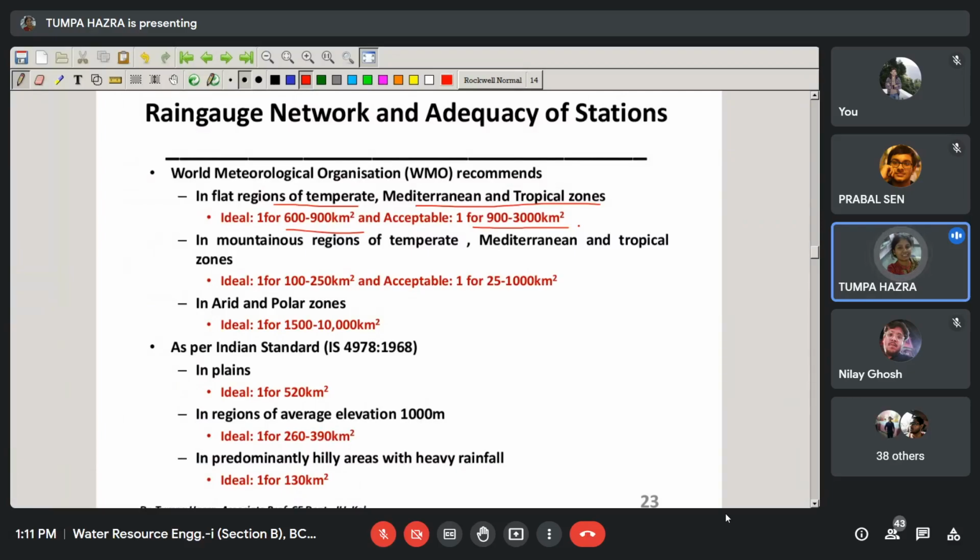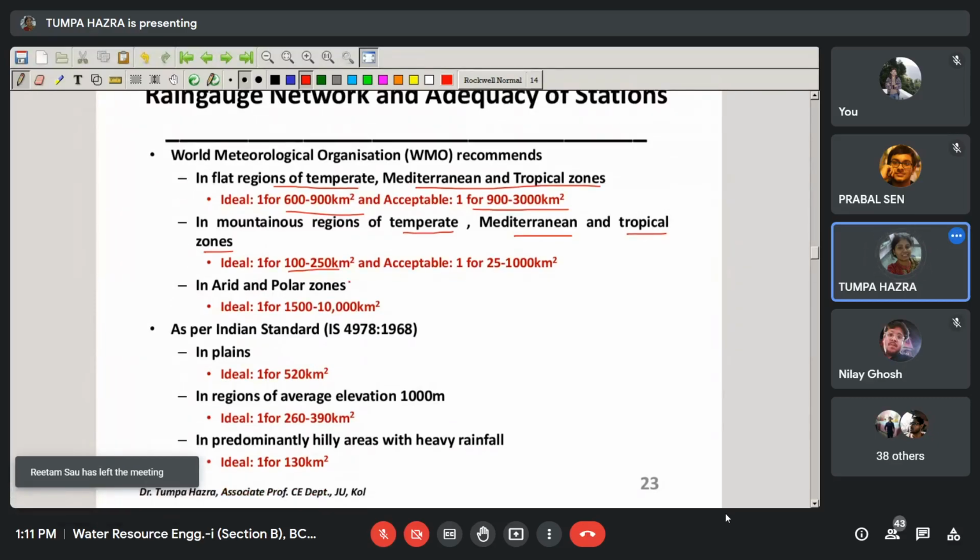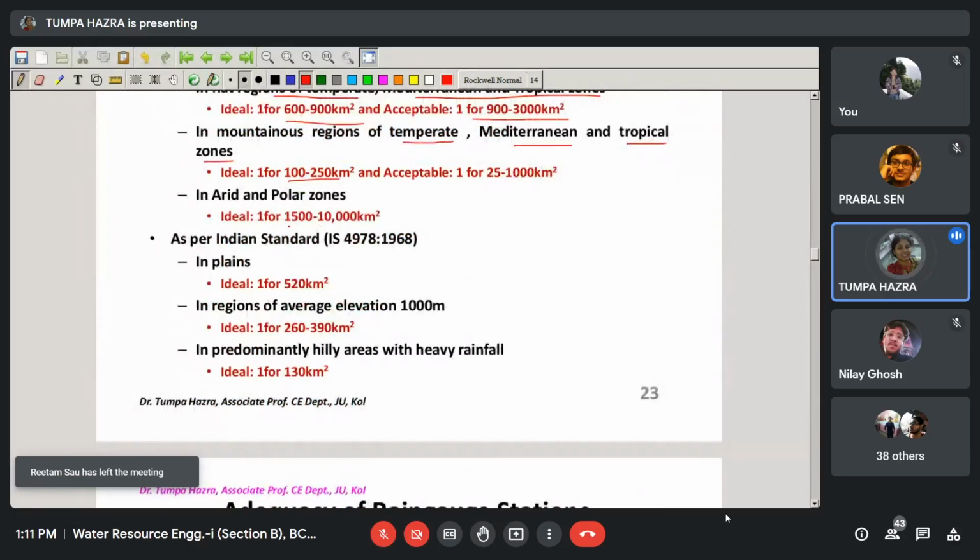And if it is a mountainous region of temperate, Mediterranean and tropical zones, obviously the intensity of rainfall is high, so therefore ideal is one for 100 to 250 square kilometer and acceptable is one for 25 to 1000 square kilometer. But in arid and polar zones, it is one for 1500 to 10,000 square kilometer.